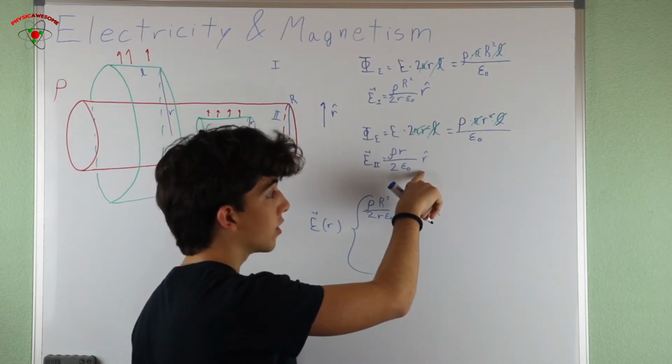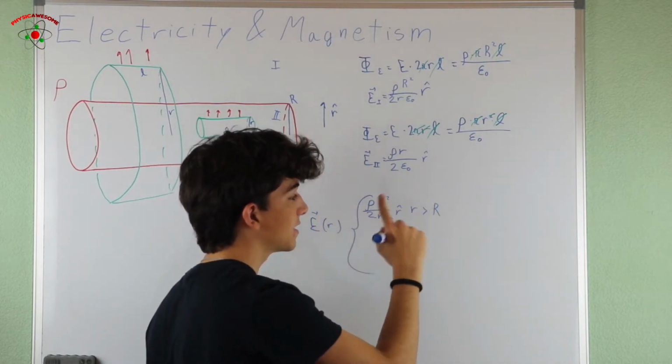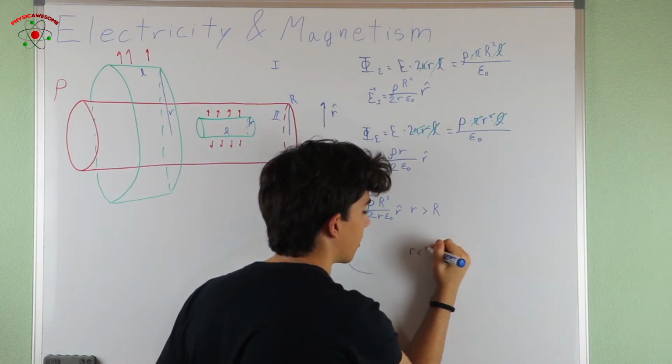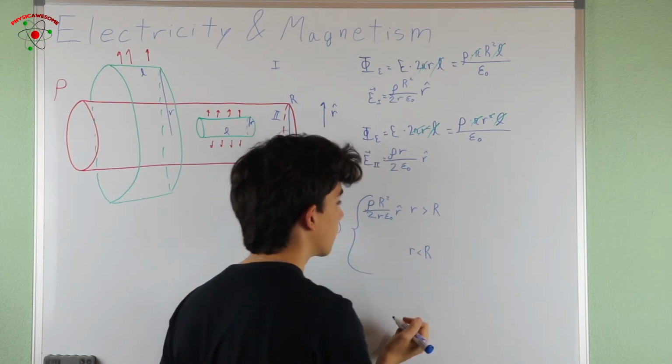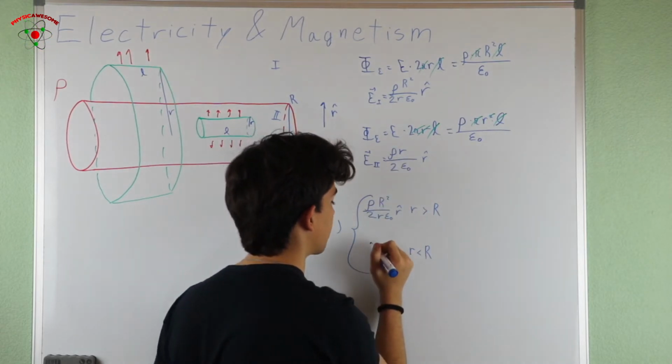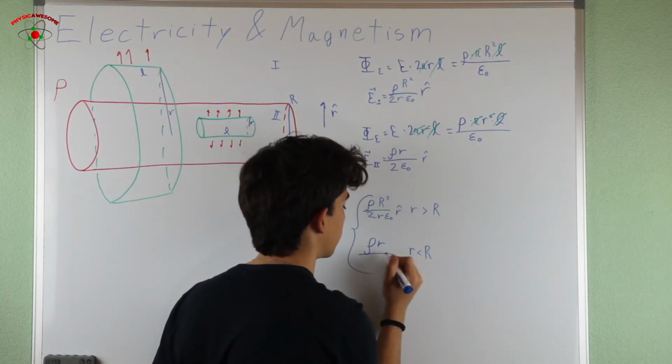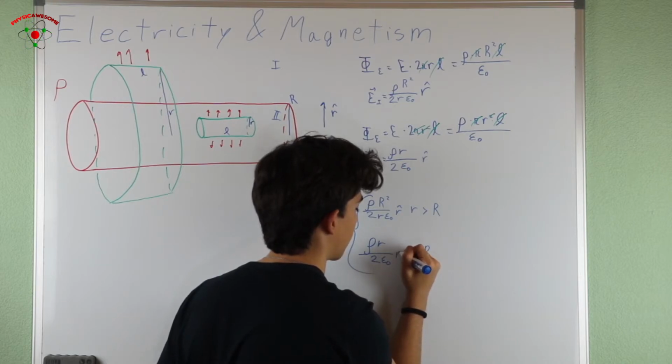And for little r less than capital R, we are going to have this expression over here, rho r over 2 epsilon naught r hat.